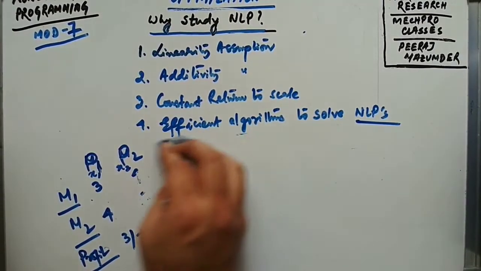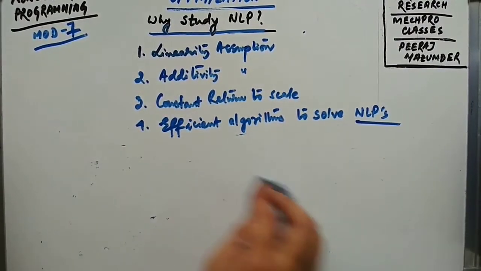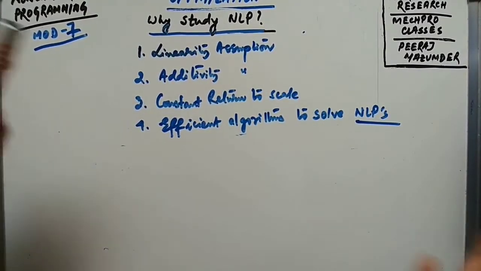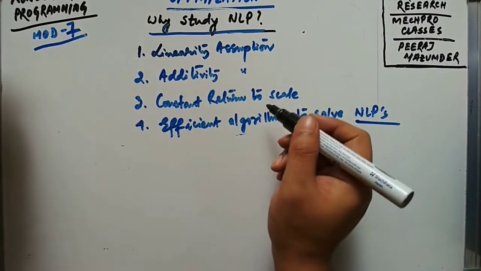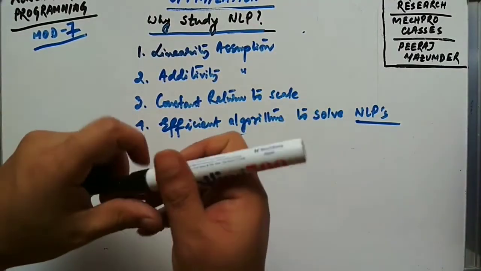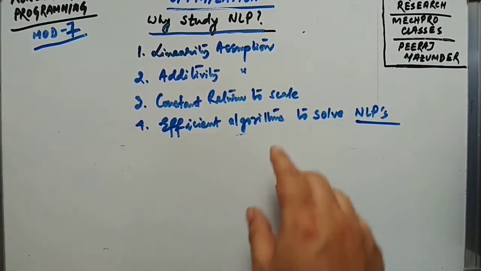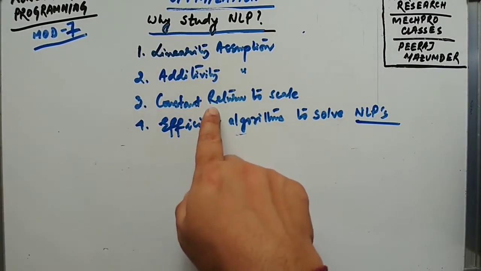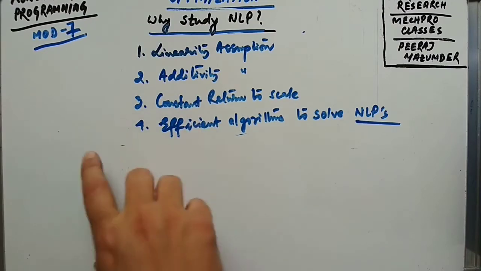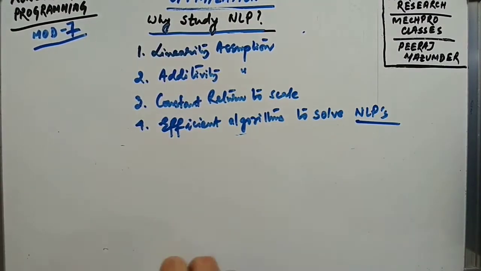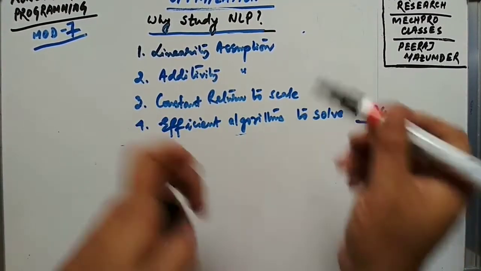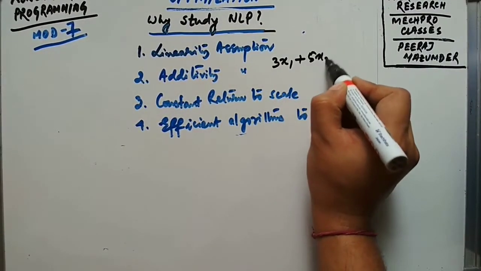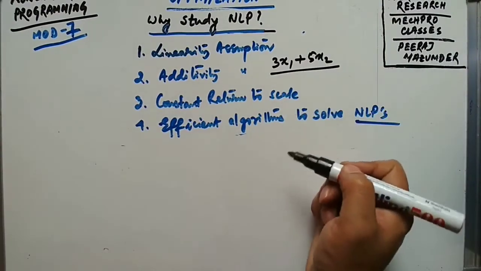Now come to the third point, which says constant return to scale. What does that actually mean? Additivity and constant return to scale I have somewhat explained in a single problem. Additivity says you cannot simply add, that is 3x1 plus 5x2, these two profits.